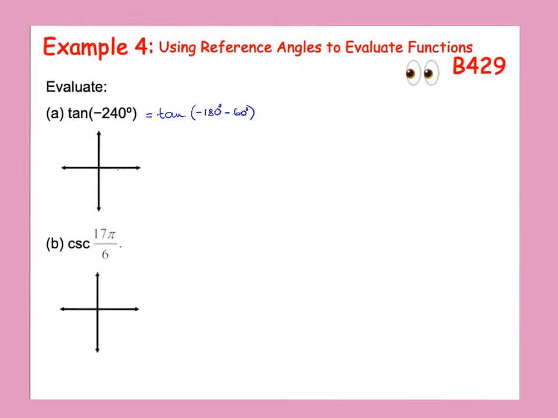So I start on the x-axis and I go first 180 degrees in the negative direction and I go another 60 degrees. So I'm going to land in quadrant number 2. So my terminal side is going to be in quadrant number 2.